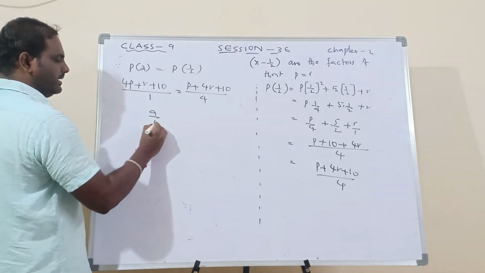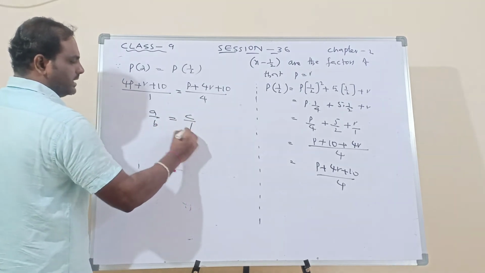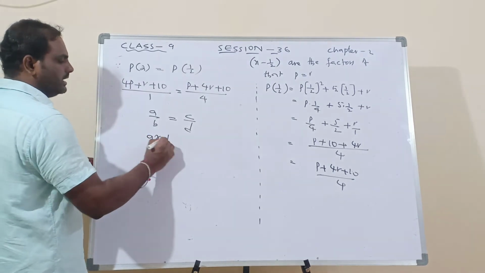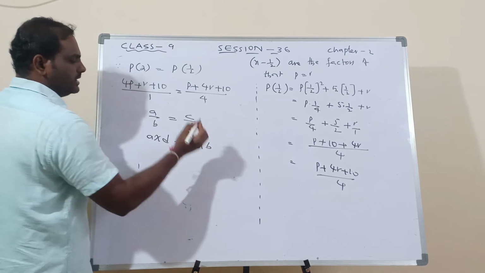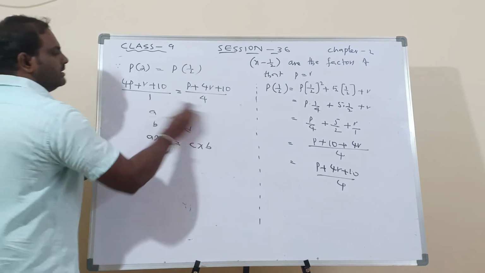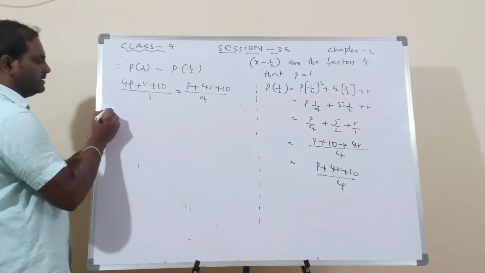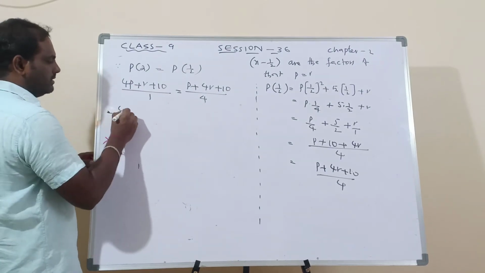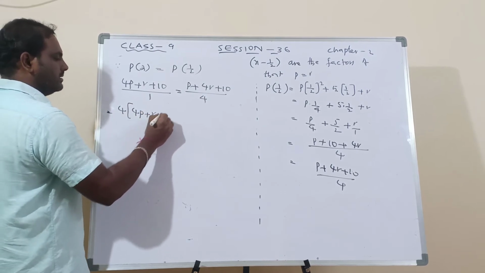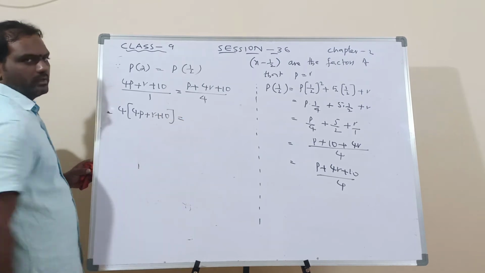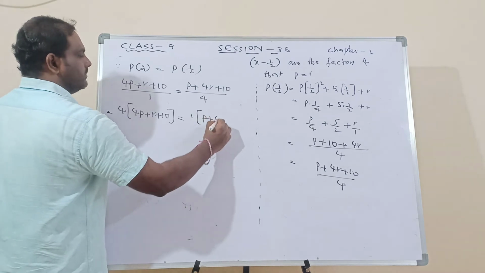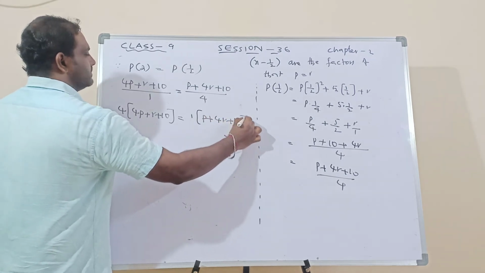If a by b is equal to c by d, if both fractions are equal, then I can write a into d is equal to c into b. That means a into d is equal to c into b. So what I'll write is this 4 into (4p plus r plus 10) is equal to this 1 multiplied with (p plus 4r plus 10).